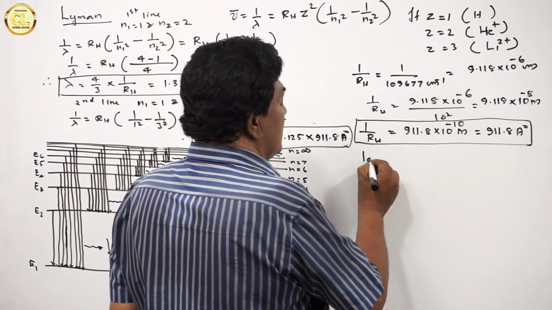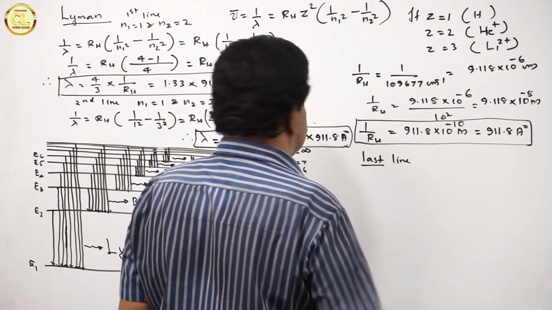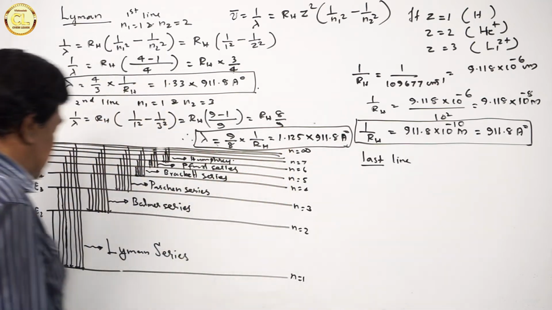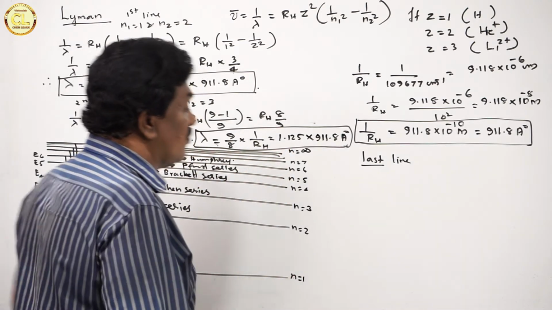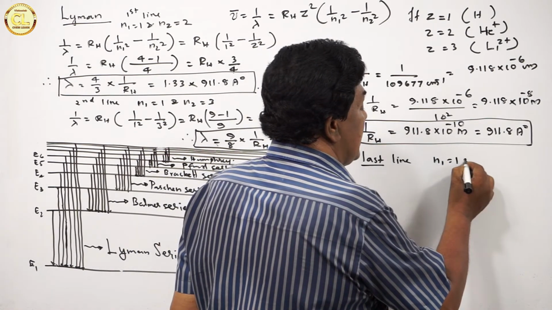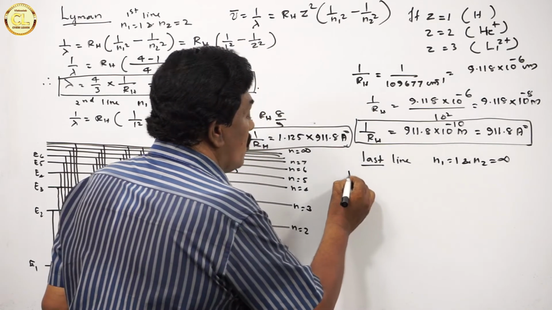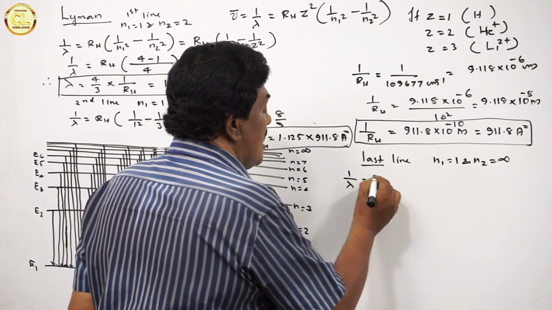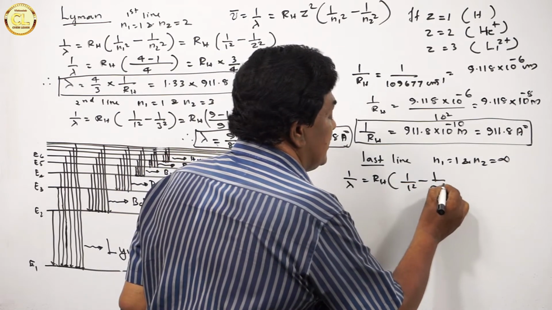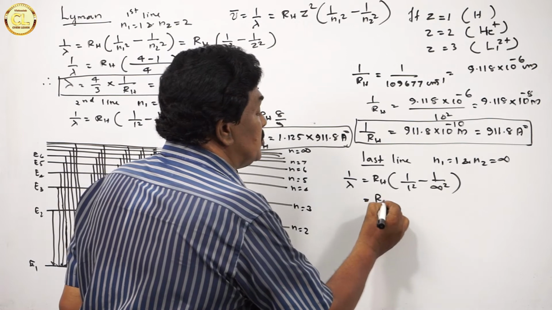Now let us check the wavelength of the last line of the Lyman series. This is the last line, where N2 is equal to infinity. N1 is equal to 1 and N2 is equal to infinity. 1 by lambda is equal to RH into 1 by 1 squared minus 1 by infinity squared.